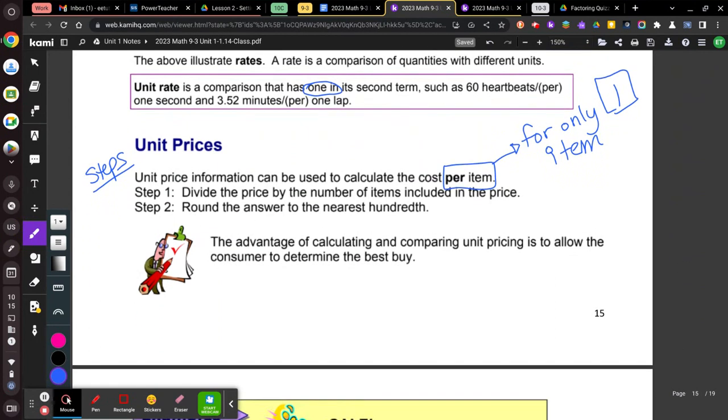So what we do, here is our equation. Our equation always is money, so price, divided by amount. Okay, so the amount of stuff you've got.